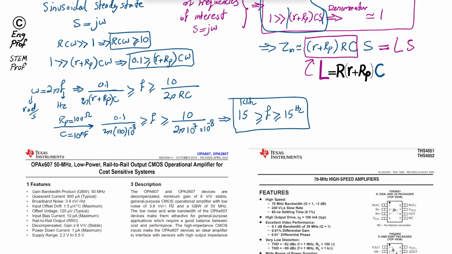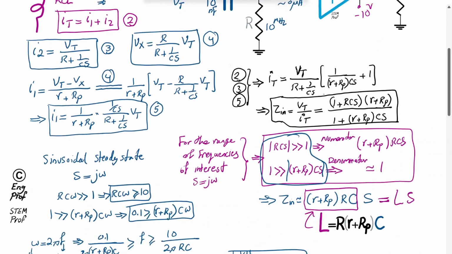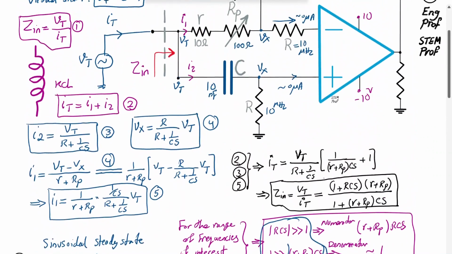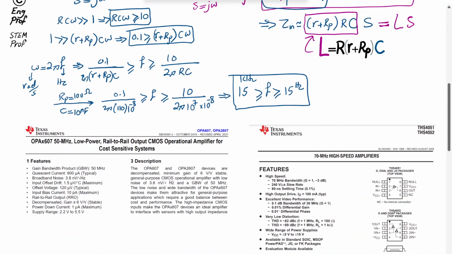So basically what we designed with these choices and examples: if we go with a 10 nanofarad cap, 100 ohm for RP, and 10 megaohm for resistor R, then this circuit is able to implement a simulated inductance at the input as shown, because the measured Zin for the range of frequencies found here is going to be this value.